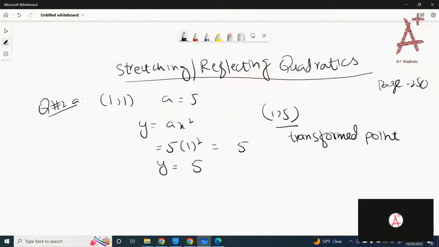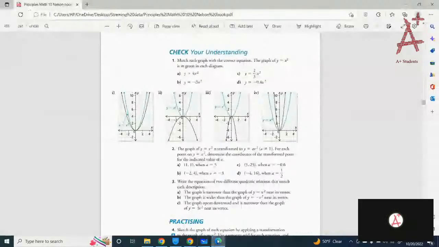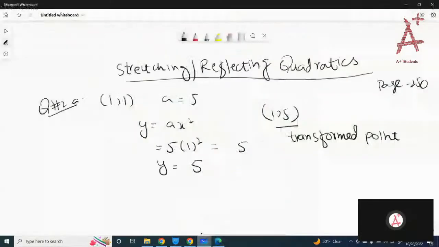Okay, now part b is -2, 4 when a equals -3.